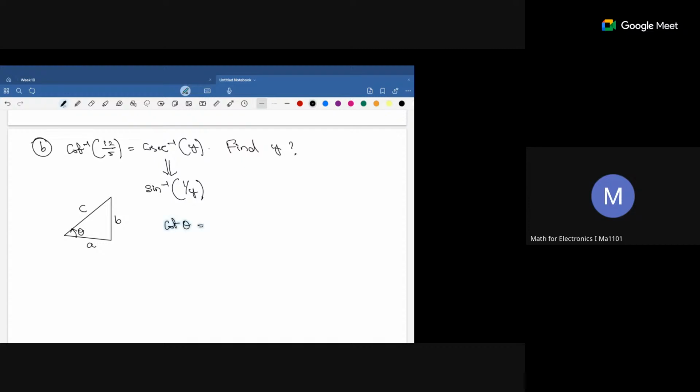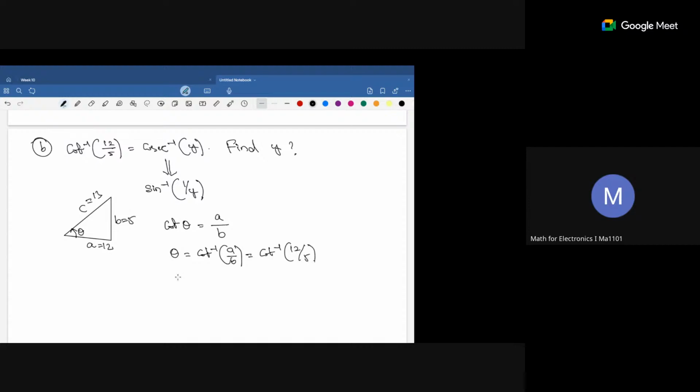It will be adjacent by opposite, so that would be A by B. So theta will be cot inverse of A by B. Now in our case, A is 12 and B is 5, and the triplet would be the third one. Hypotenuse would be 13. So this is cot inverse of 12 by 5.